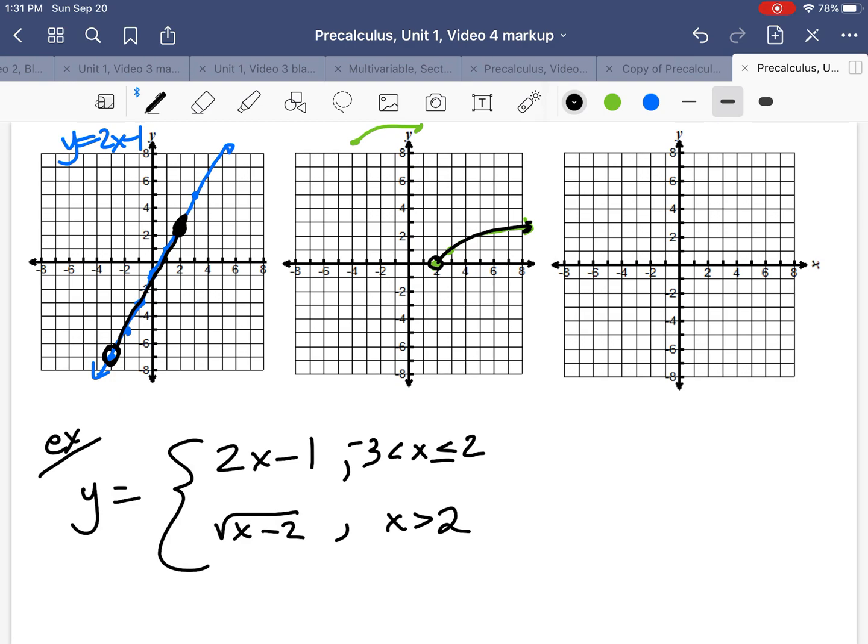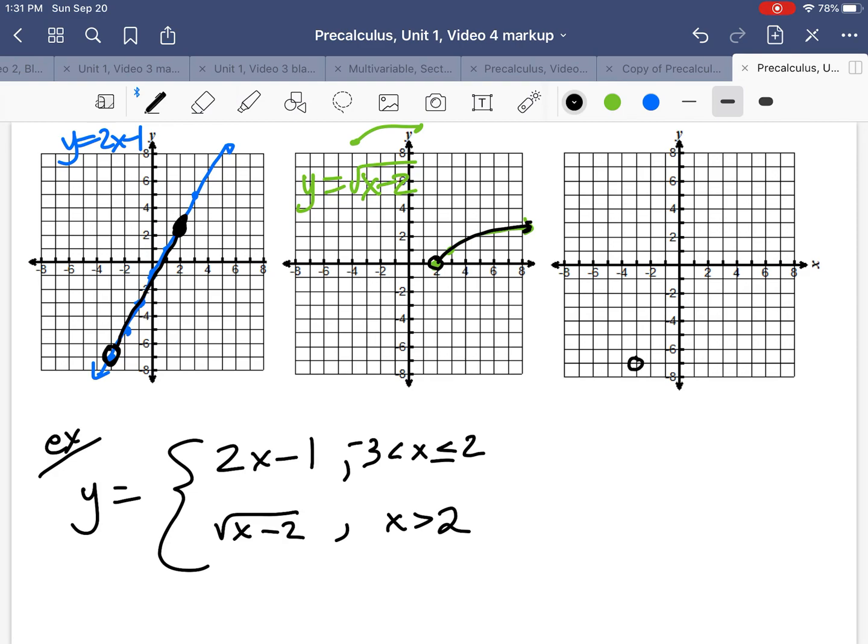So I have to draw these graphs together on the same picture. So what I'm going to do is draw this first graph, because remember the second one is y equals square root of x minus 2. So I'm going to draw the blue one, but I'm only going to do the black section of it. So the black section, let's see, it goes from -3, -7. That's that dot right there.